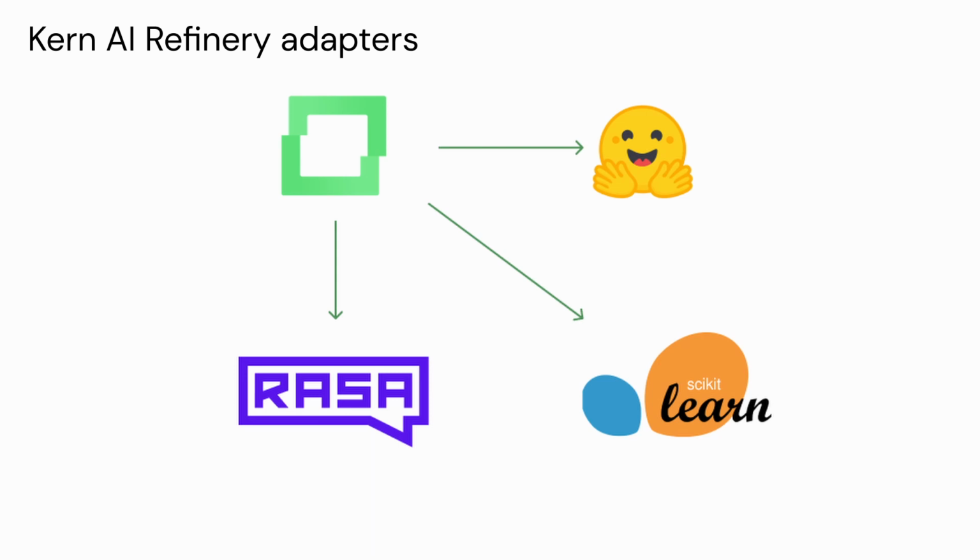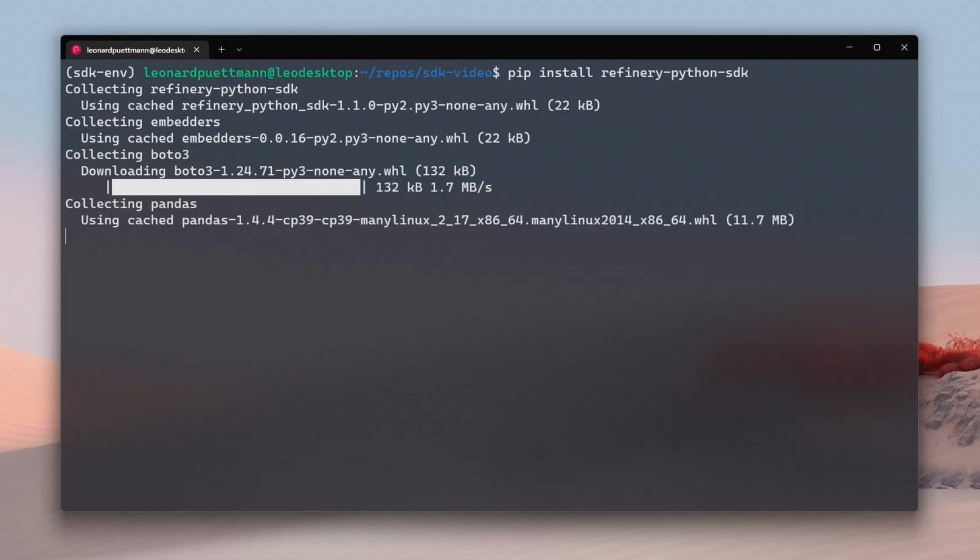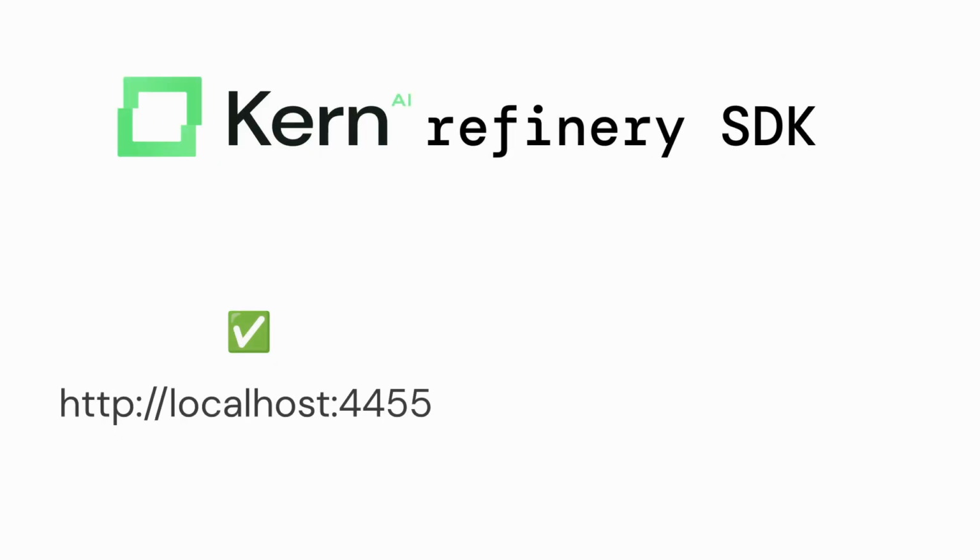To get started, let's install the SDK via pip. Open up a terminal and write pip install refinery-python-sdk and hit enter. The SDK works with both the local version as well as the hosted version.